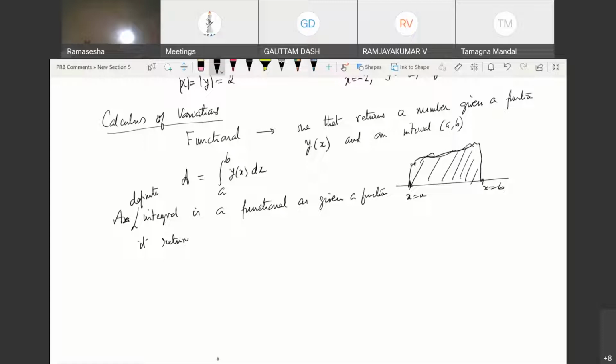Whereas in the case of a function, for every point that you give, it gives another point. That is, given a number, it returns a number. You don't have to give a function. This is the difference between functions and functionals.